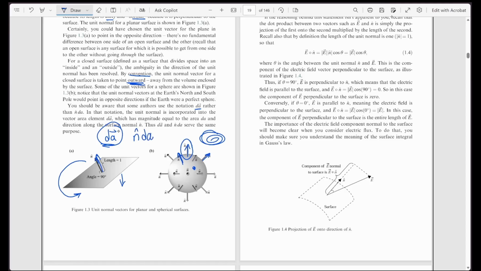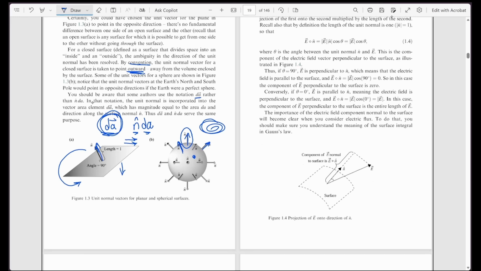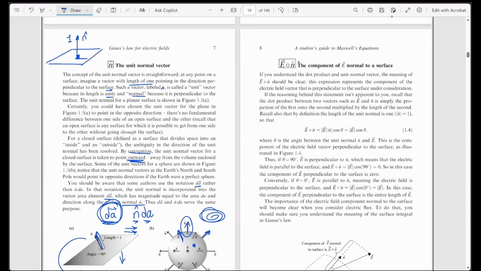So this is a vector of magnitude dA, and here we're using n hat just to tell us where it's pointing, multiplied by dA, so it's just the same thing. In that notation, the unit normal vector is incorporated into the vector area element dA, which has a magnitude equal to the area dA and direction along the surface normal. So they have the same direction, the same magnitude, just different notations. Thus, dA vector and n hat dA serve the same purpose. Next, component of E normal to a surface.